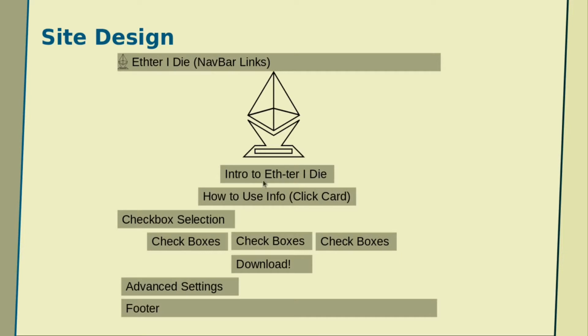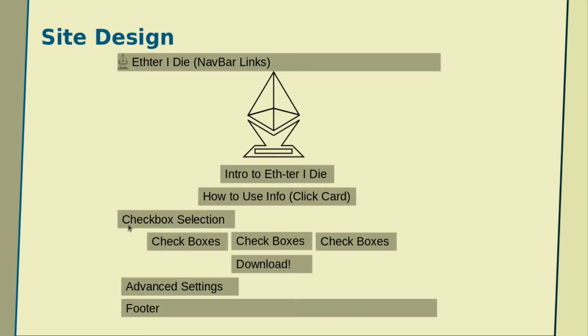So I want the logo to be in the center, and then I want to have an intro text about Eth-ter-I-Die just underneath that. Below that, I want to have a "how to use Eth-ter-I-Die", and I wanted this to be a click card, kind of like how the advanced settings are at the moment.